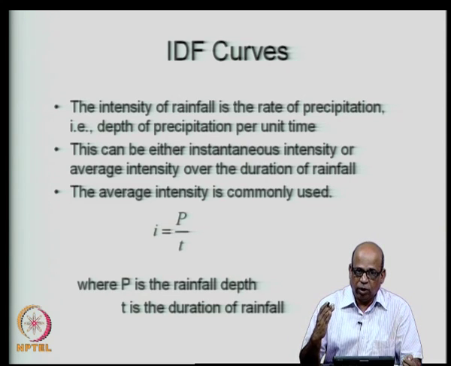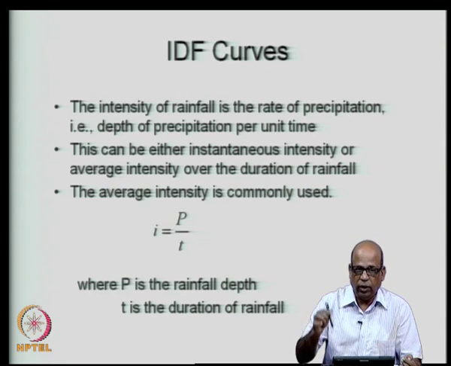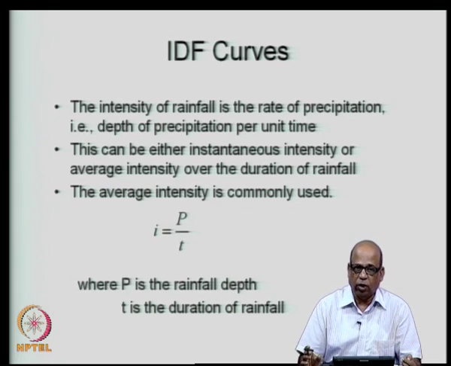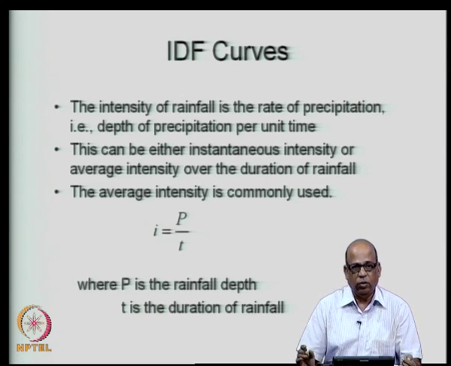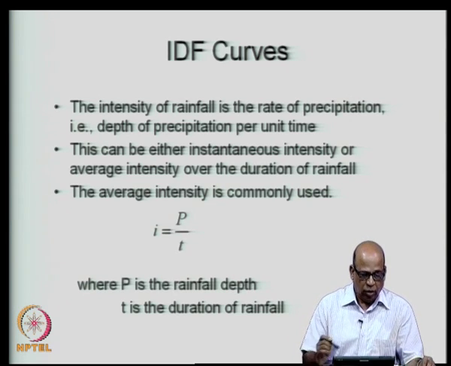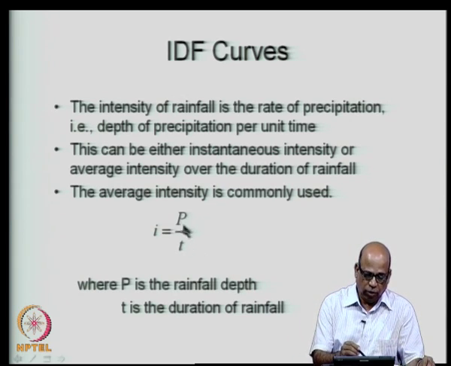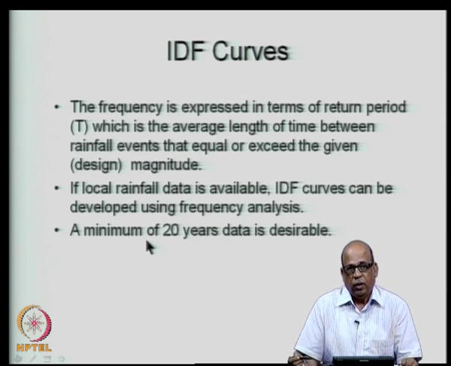The peaks will occur much faster compared to a non-urban catchment, because most of the rainfall that falls immediately converts itself into runoff, and therefore, the duration T is much smaller in the urban catchments compared to the duration in the non-urban catchments.